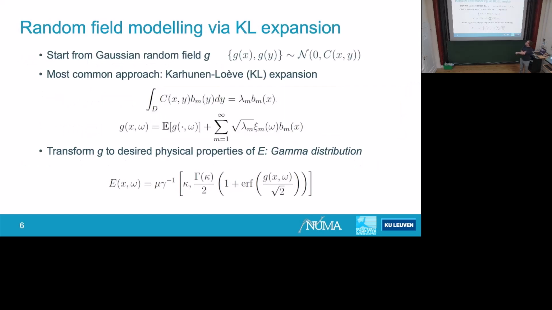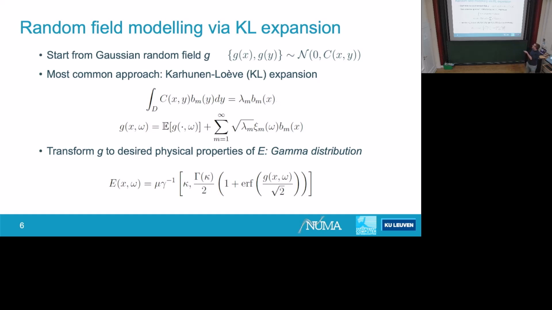The random field we will model via a Karhunen-Loève expansion, but there is an issue with this KL expansion because the bridge has a maximal stiffness, so we can't simply assume a log normal field. We have to assume a field that is bounded also from above. And so we use this gamma distribution.